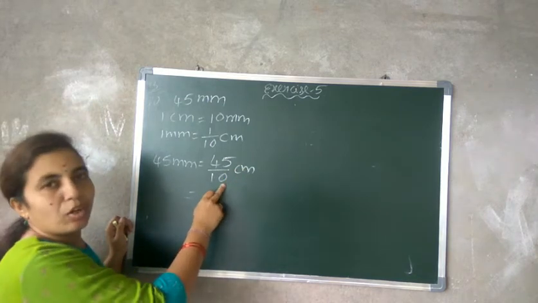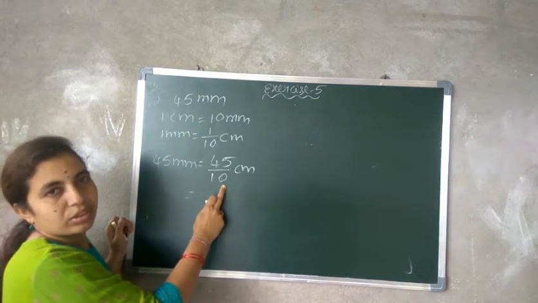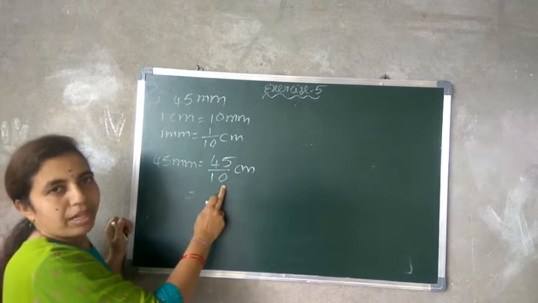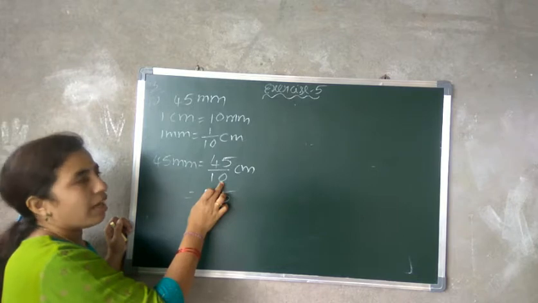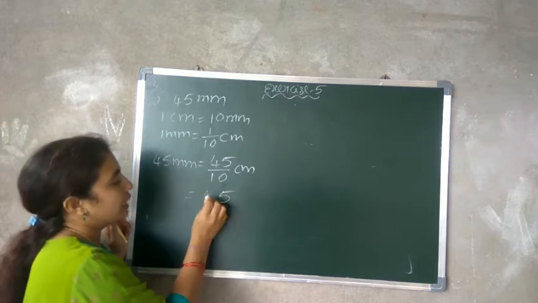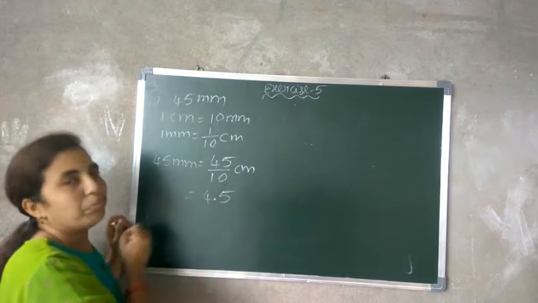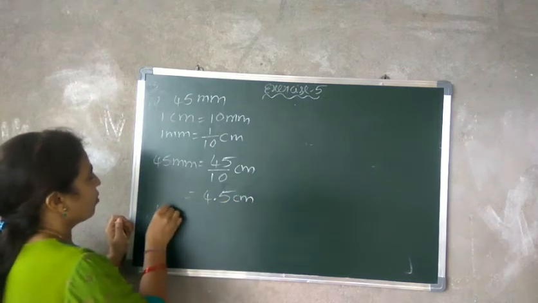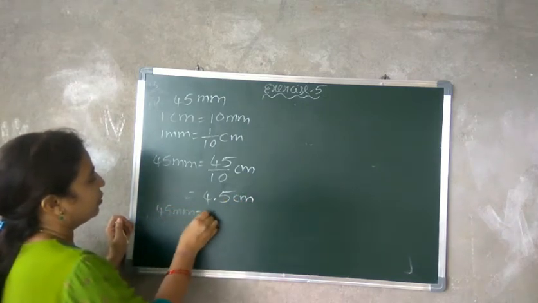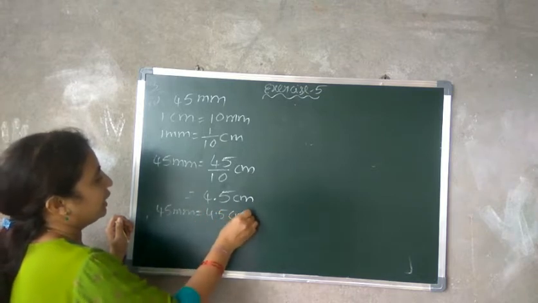In the denominator we have only 1 zero, so before 1 digit keep the decimal. Write the numerator as it is, 45, and before 1 digit keep a point. So 4.5 centimeters. Therefore 45 mm is equal to 4.5 centimeters.